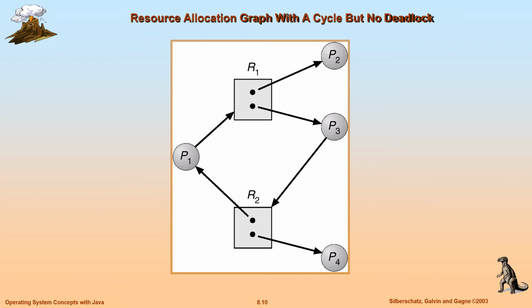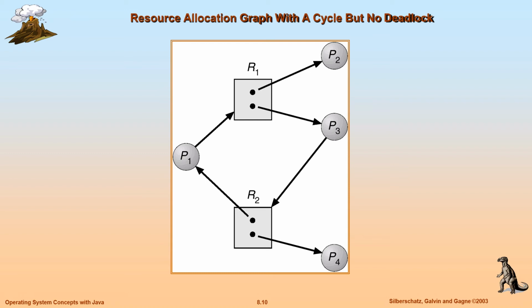Resource allocation graph with a cycle but no deadlock. If we see, not all cycles form a deadlock. In this case, even though a cycle is there, there is no deadlock. Here, P1 wants any one of these.